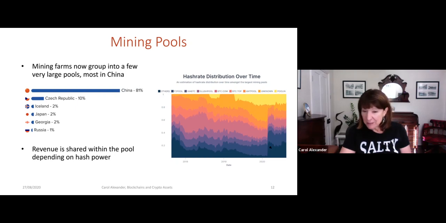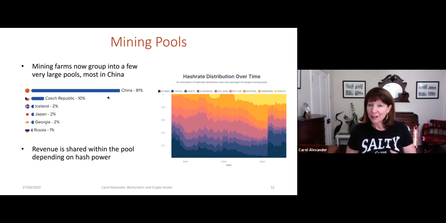It's also about 20%, but about 80% now is in China. And so if the winning miner happens to be one of the farms in the mining pool, then they share the reward amongst them. As I said, it's a collaboration between different farms.